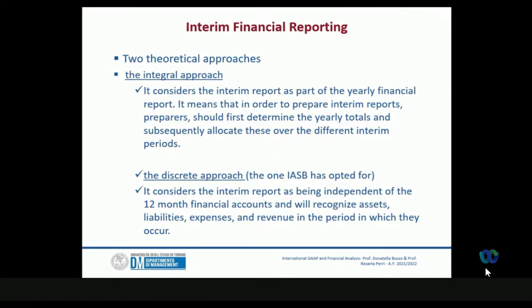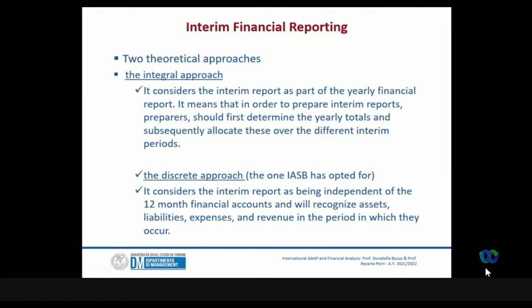These are statements that are prepared not on an annual basis, but probably every quarter or biannually. And sometimes we need to know how and what to do to prepare these financial statements. After all, why do we need to prepare interim reports? Why are they needed in the first place?